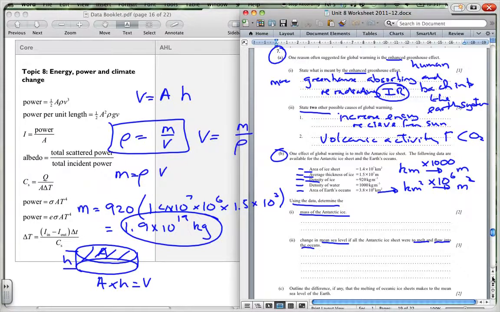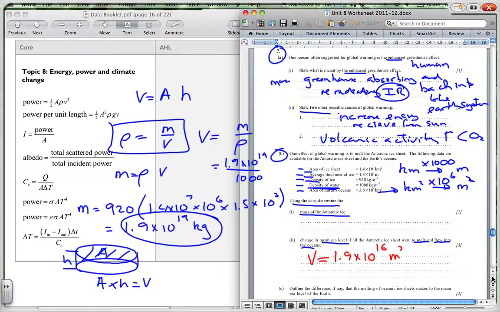But now we're talking about water. So we've got this mass is 1.9 times 10 to the 19, and my density of the water is 1,000. So I'm going to have to divide that by 1,000, and my new volume is going to equal 1.9 times 10 to the 16 meters cubed.